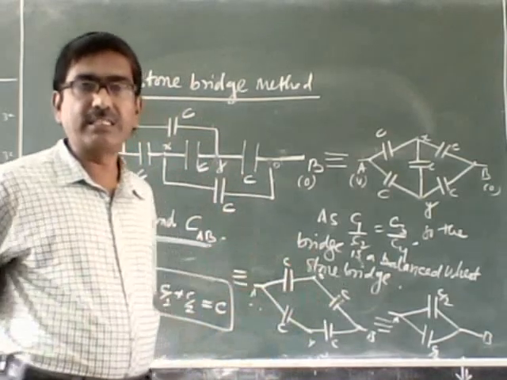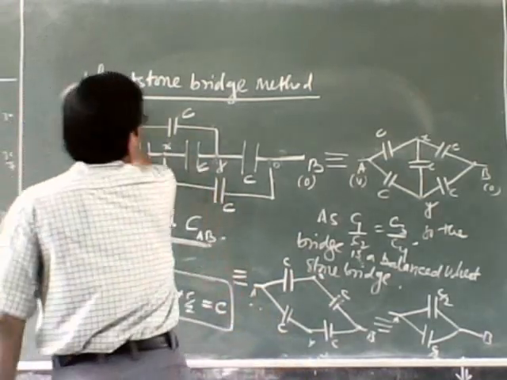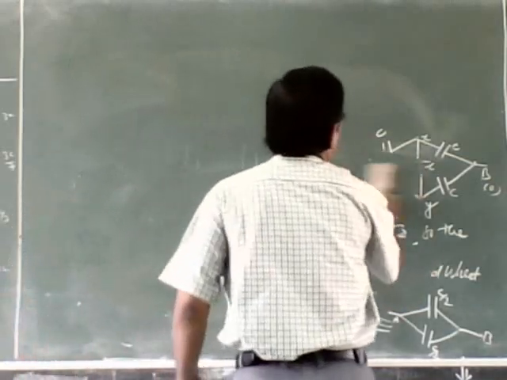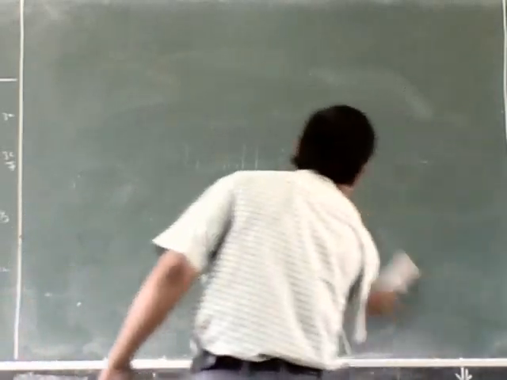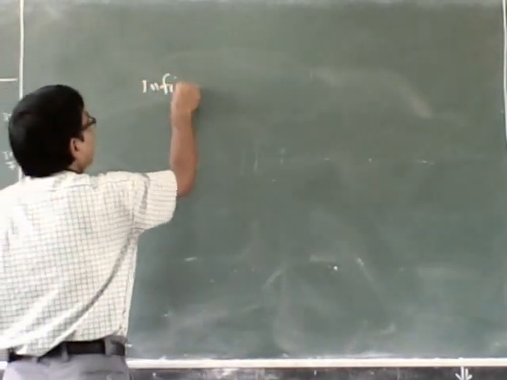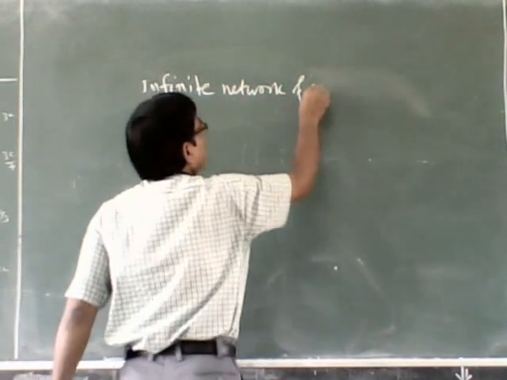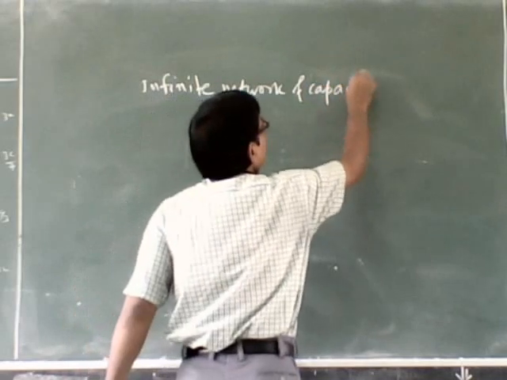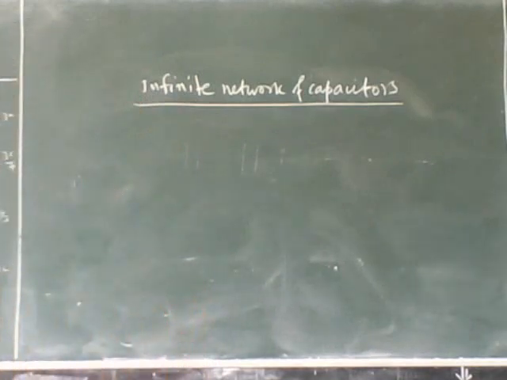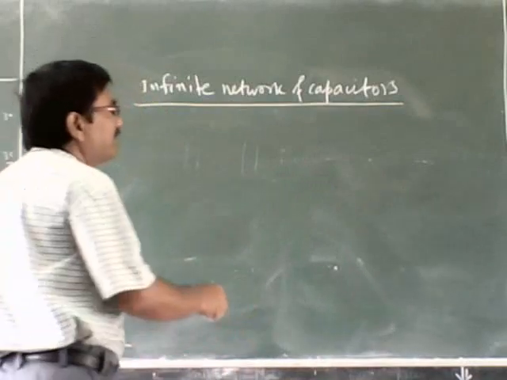If an infinite network is given to you, then how do you find the equivalent capacitance for an infinite network of capacitors? If it is an infinite network of capacitors, how do we calculate the equivalent capacitance?